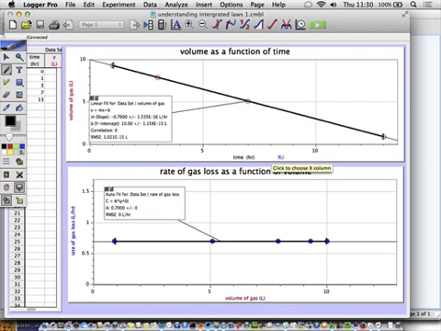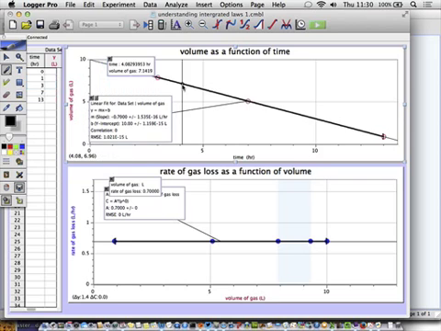Going back to Matt's data from right here, notice something. Okay, interesting. If Matt started at 10 liters, the half-life would be the time it takes for it to get to 5 liters. And in fact, I can just read that right off the graph. I can also prove it, because 5 liters is going to be roughly 7.13 hours.